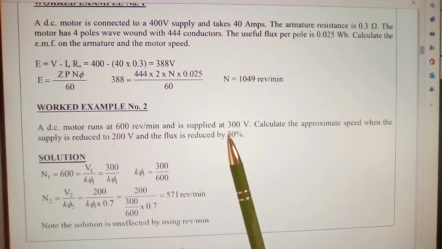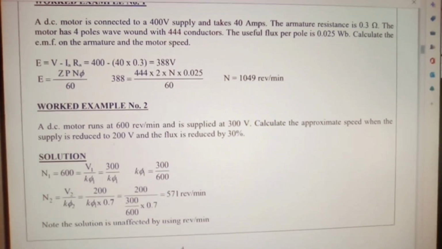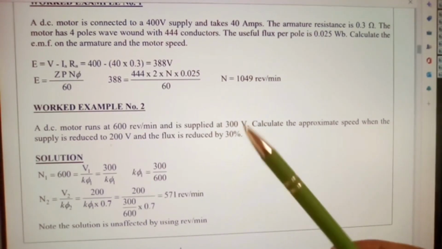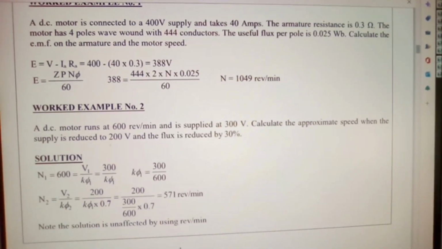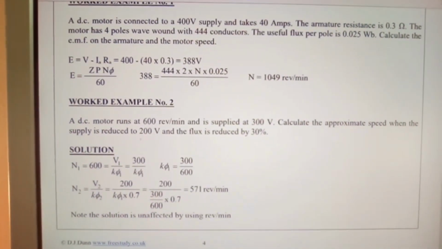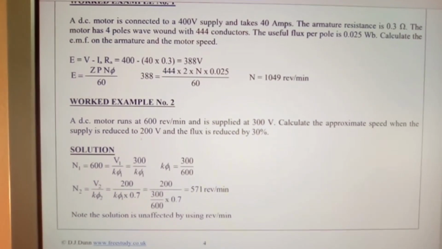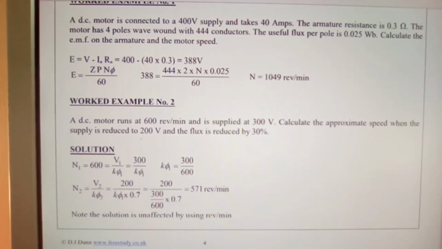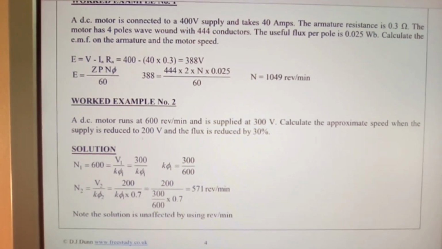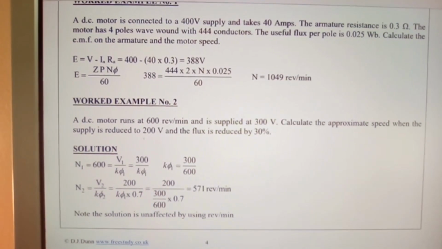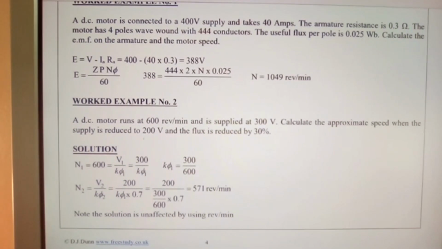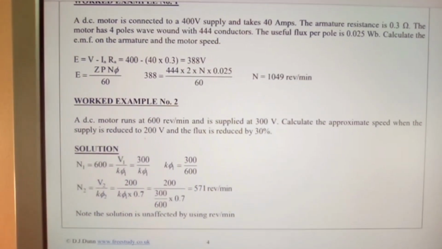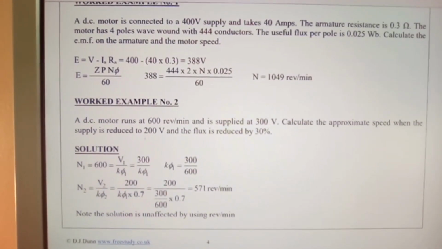The 0.7, we've reduced the flux by 30%, so we've only got 70% of the flux present. The 0.7 comes from when we divide 70 by 100, which gives us 0.7. So we now know where the 0.7 comes from.